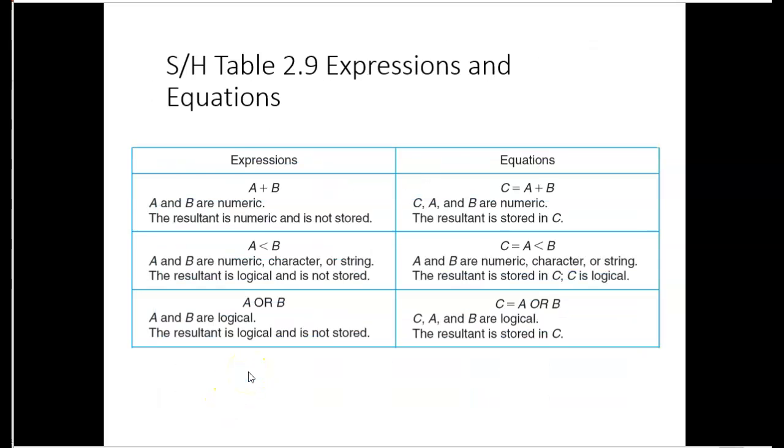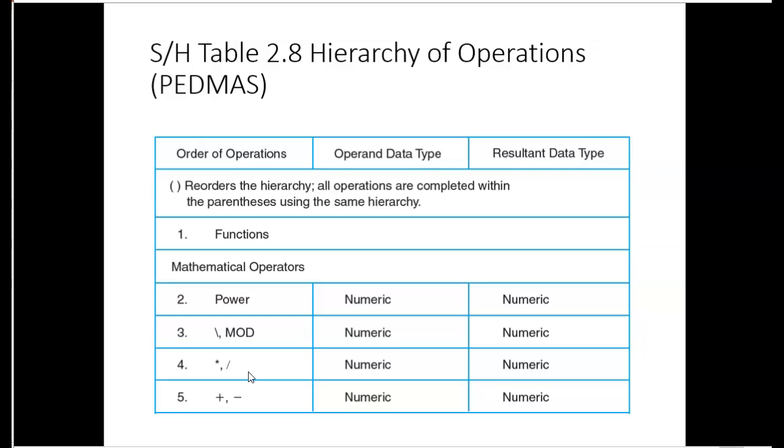If you look in the textbook, and this will likely also be a question on a test, if you have 3 plus 2 times 1, 2 times 1 is done first, then the 3 is added to that result. That can change the answer based on how you evaluate that expression.